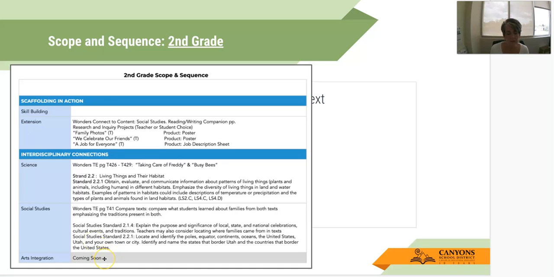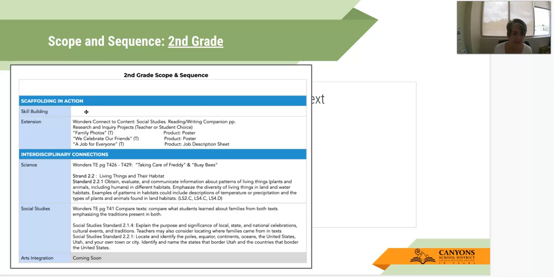And we have arts that is coming soon too. So all of this will be filled out for you if it isn't already. And that skill building piece should be ready by June 1st. So if you haven't seen it yet, you're accessing this before June 1st, know that that will be there before you want to download this document.